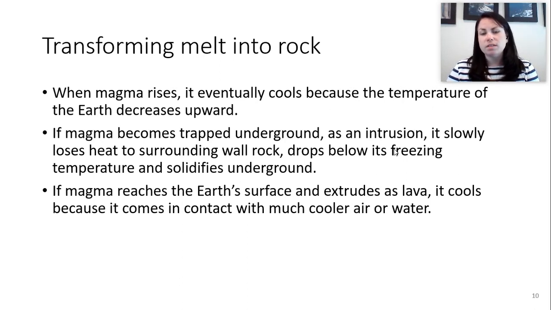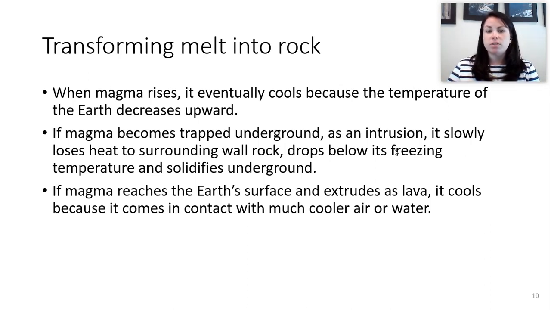So when magma rises, it cools because the temperature of the Earth is much cooler at the surface than it is below. We talked about how pressure and temperature increase with depth. If magma becomes trapped underground as an intrusive igneous rock, it slowly loses heat to the surrounding wall. Once it drops below the temperature of being plastic or soft to being hard, it solidifies underground.